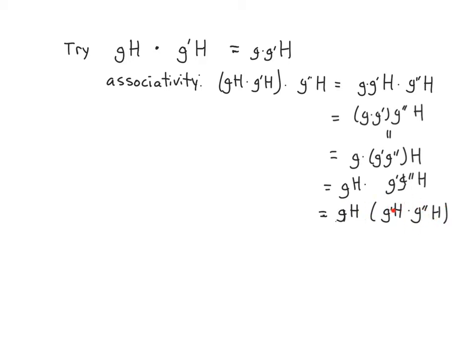If I multiply the last two cosets, I get a coset whose representative is g prime times g double prime. And then if I multiply these two cosets, I get this triple product. And then we have equality here because these two elements are actually the same because of associativity in the group G. And so we do have associativity.